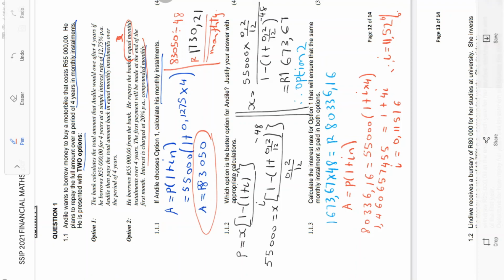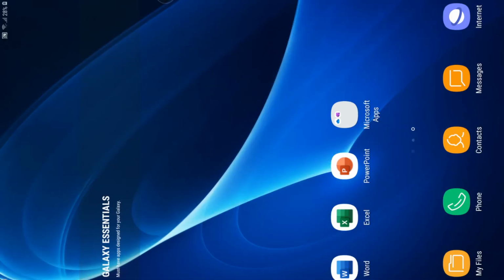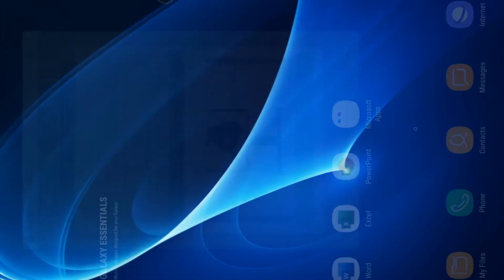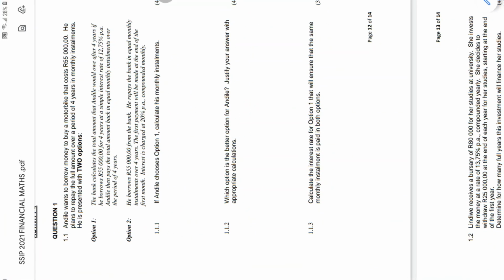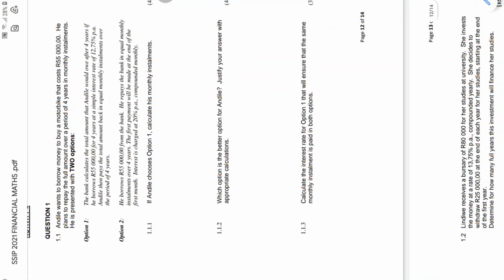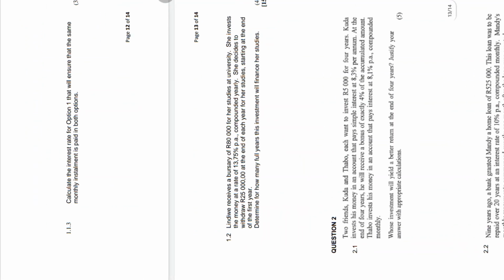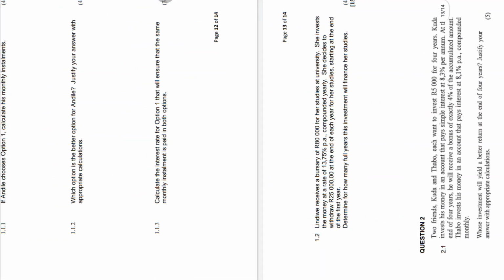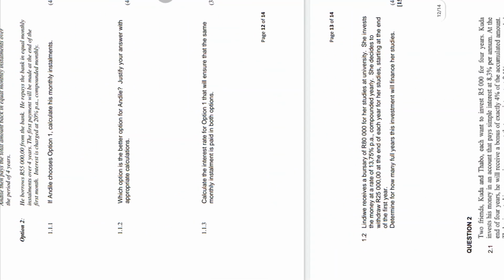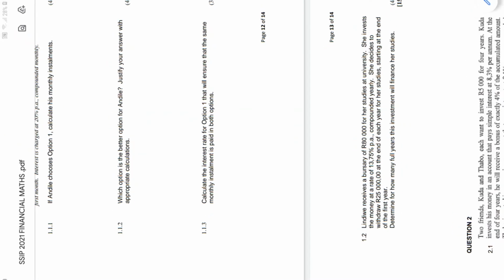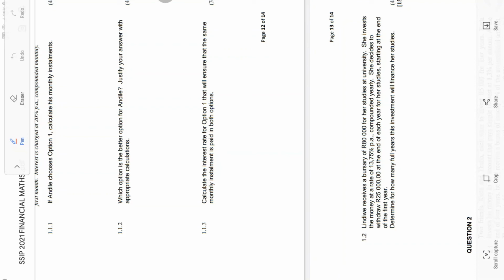And then the last subsection, that is question 1.2, and that would be our last question. Lindiwe receives a bursary of 80,000 for her studies at university.